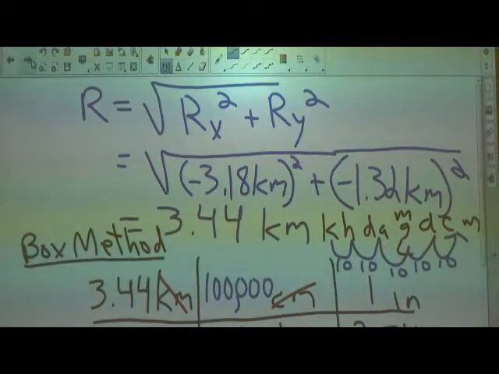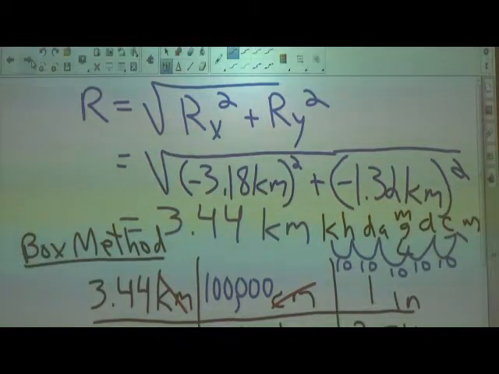So let's check the inch first, see if the correct answer is there. So I'm going to take the 3.44 kilometers, which is the resultant, and I want to change that into inches. So I'm going to go kilometers to centimeters. So you put a 1 in front of the kilometer because it's bigger. You want the kilometer down here so you can cancel it out with this numerator kilometer. Then you have to say, how many centimeters are there?